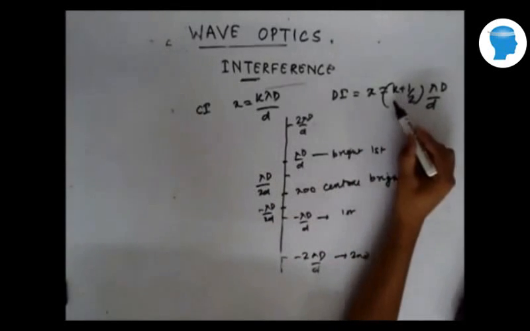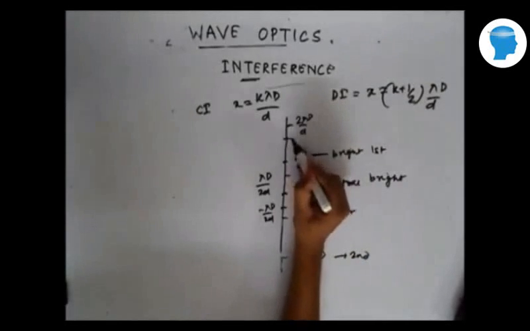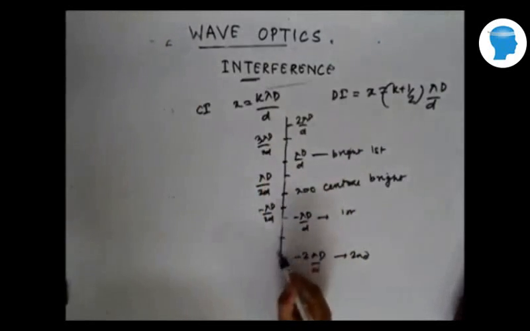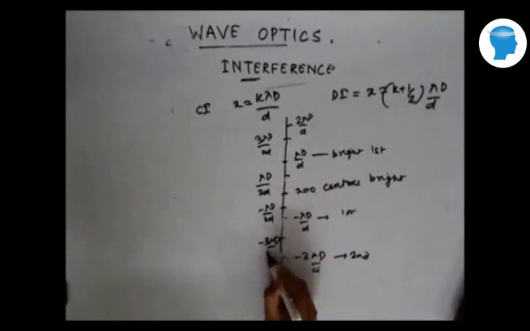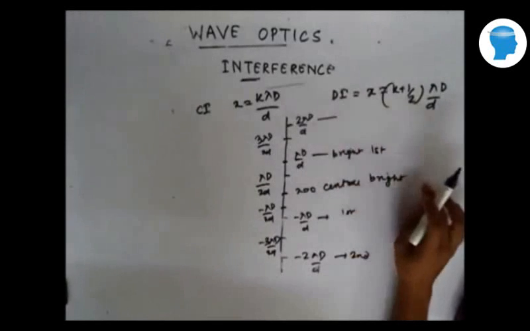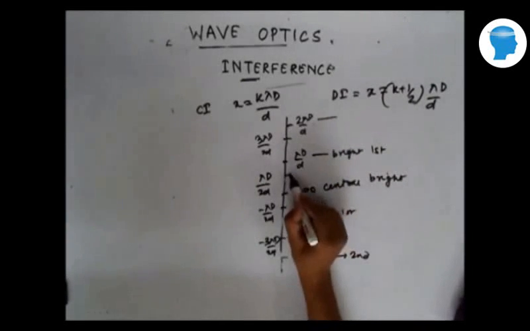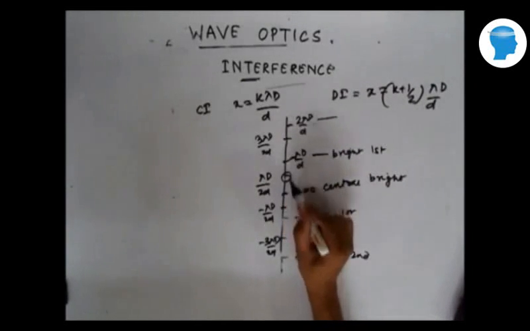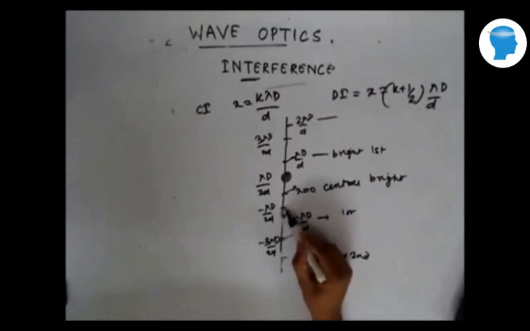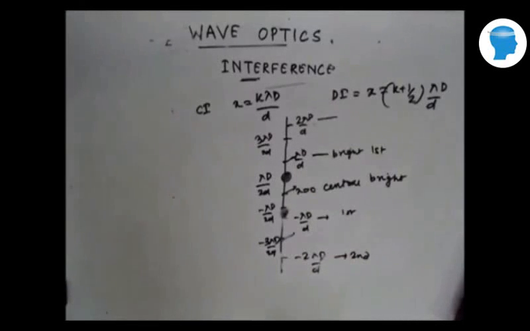If I put k equals 1, I get it at 3 lambda D by 2d, and here at minus 3 lambda D by 2d. So you can see that between any two bright fringes, I have a dark fringe. Here this was a bright fringe, this was a bright fringe, and here I have a dark fringe. Similarly, this was a bright fringe, this was a bright fringe, and here we have the dark fringe.